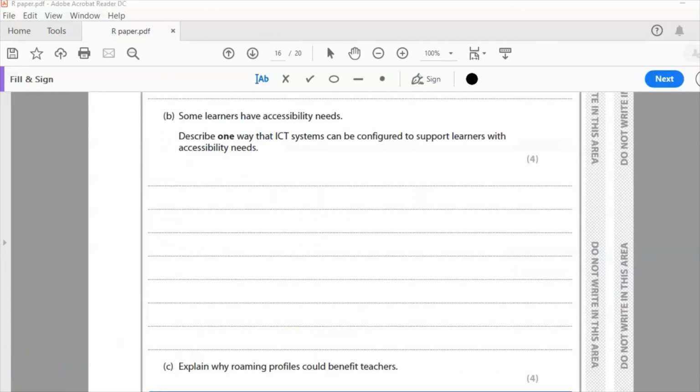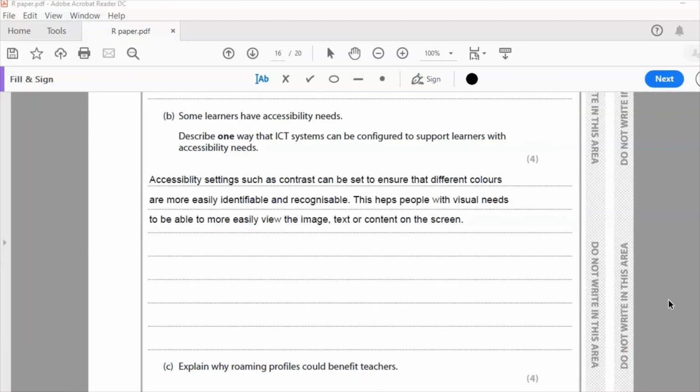Question B. Some learners have accessibility needs. Describe one way that ICT systems can be configured to support learners with accessibility needs. 4 marks. Some answers: accessibility settings such as contrast can be set to ensure that different colours are more easily identifiable and recognisable.